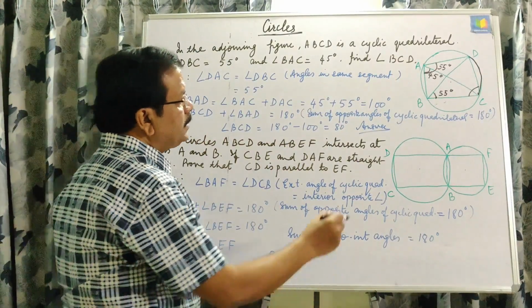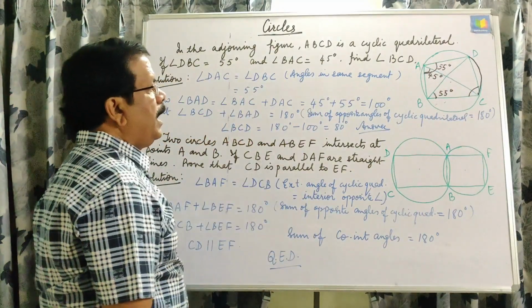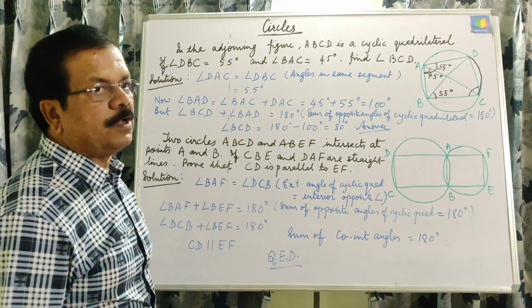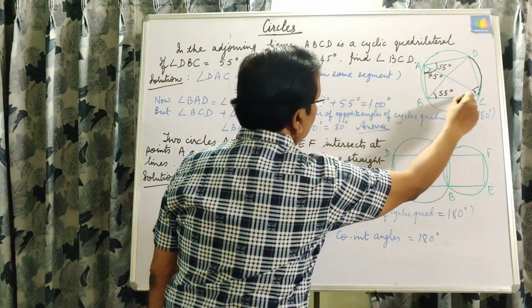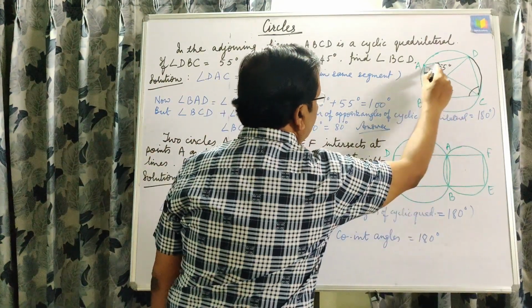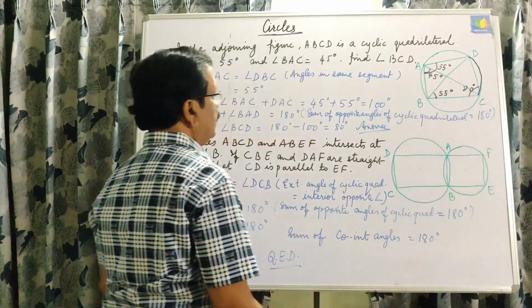And since ABCD is a cyclic quadrilateral, we know the property of a cyclic quadrilateral, that the sum of opposite angles is 180. If this is 100 degrees, then this will be 80 degrees.